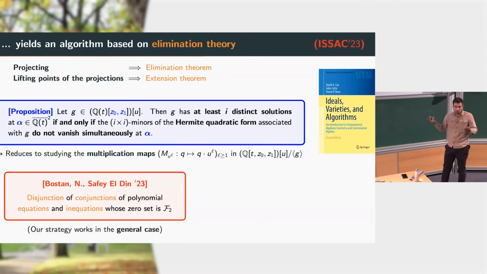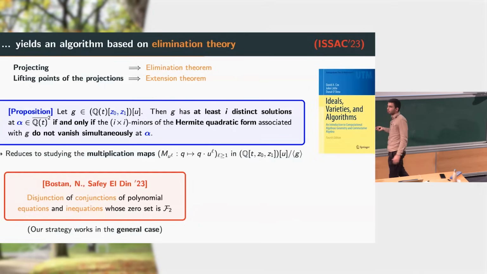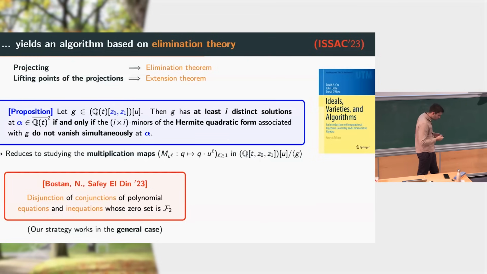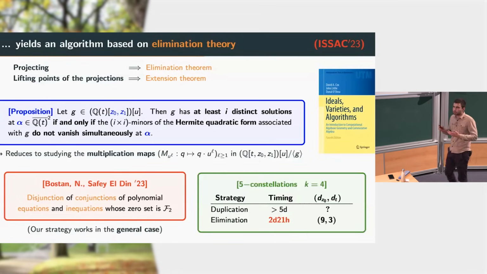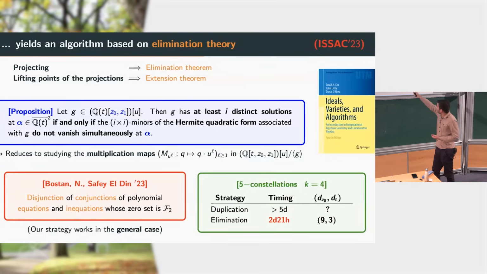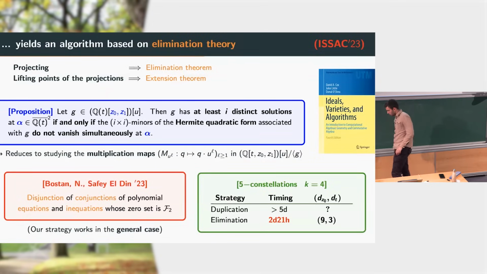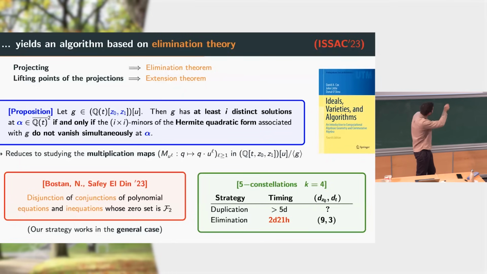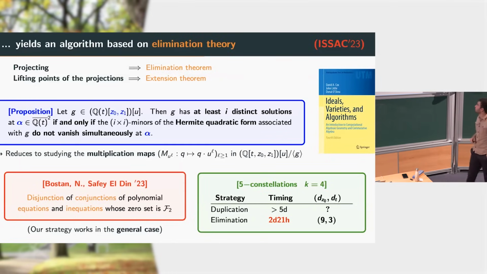Now, okay, fine, we have a new algorithm, but how do we know that it is better or more interesting than the previous one? So let's take an example and see what we can obtain as new results. Here is the enumeration of 5-constellations, which are some colored planar maps. It induces a discrete differential equation of order 4.